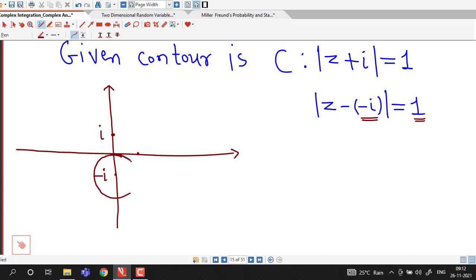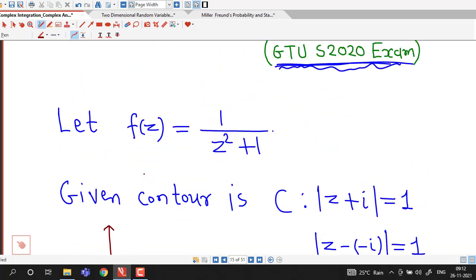It is a circle with center z equal to minus i and radius 1, and we have to consider it in counterclockwise direction. So this is our simple closed contour. Now if we observe this function 1 over z square plus 1, then we can write z square plus 1 as the product of z minus i and z plus i.